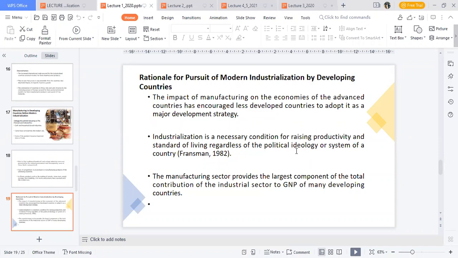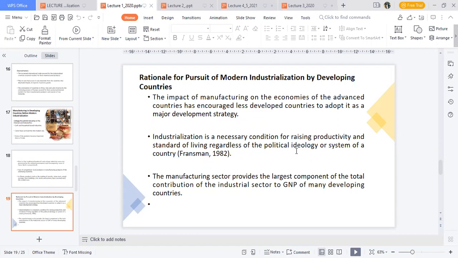You are increasing the productivity of the country, or the GDP of the country. And it works no matter what. If you practice industrialization, no matter whether you practice democracy or autocracy, we see that you advance in what you're doing.